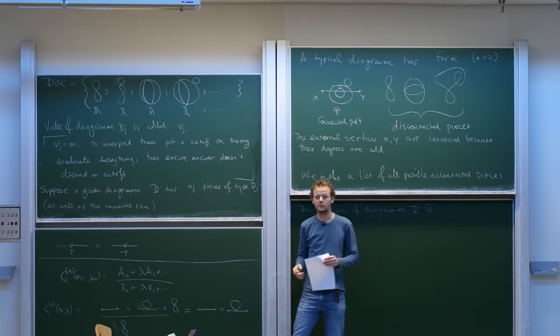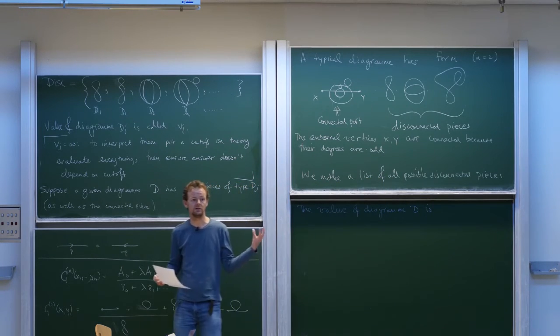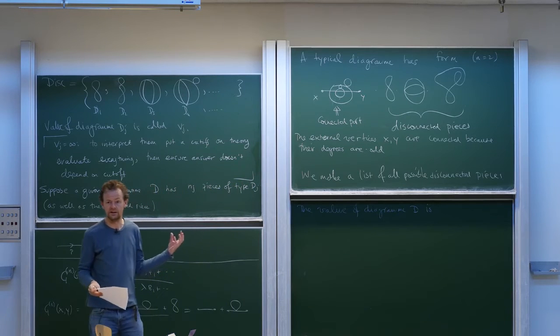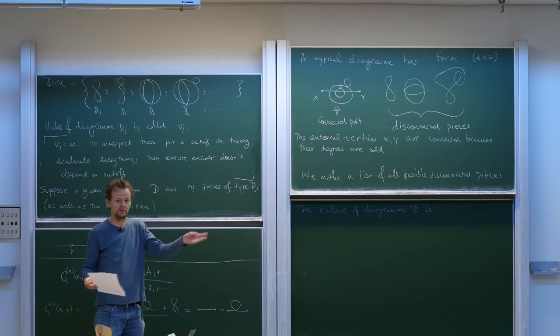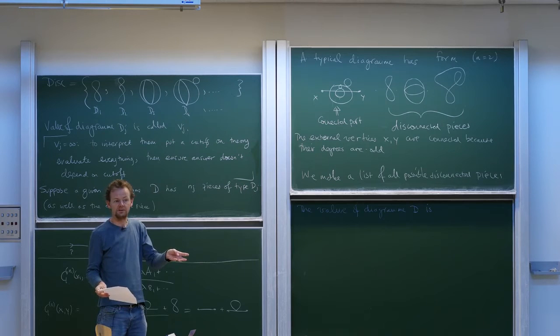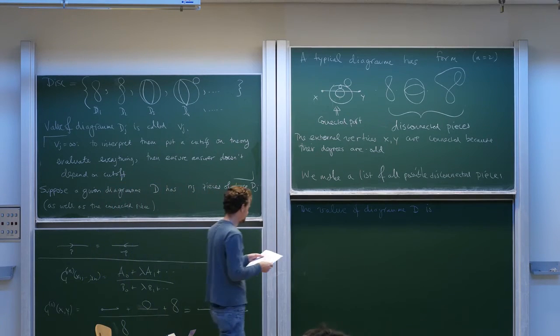The value of diagram D is the product, according to the Feynman rules. It's the product over all the propagators and integrals over the vertices, but in particular it's the product over the values of the disconnected pieces and the connected piece.